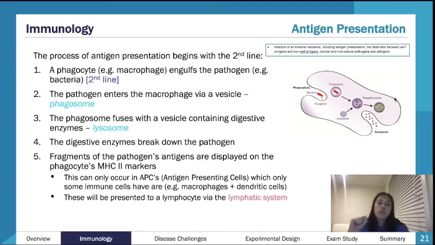We will then go and find our T cell or whatever, and show them this antigen, basically. So that's the idea there, and then the adaptive immune system will kick in. You can see that antigen presentation is the link between your innate immune system and your adaptive immune system.